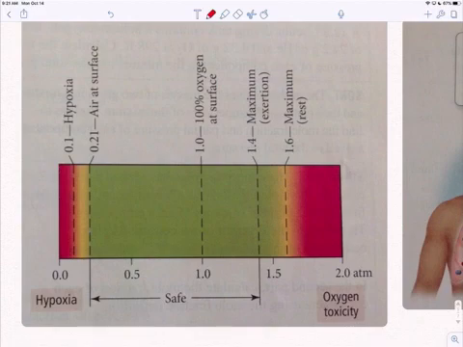Most humans feel this way at about 70% less than this. But we can breathe pure oxygen at this pressure.